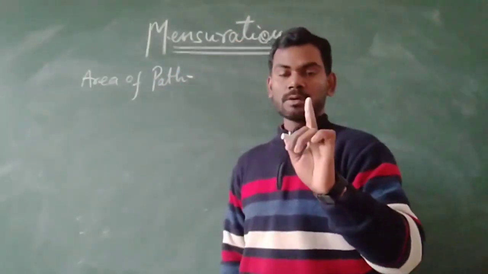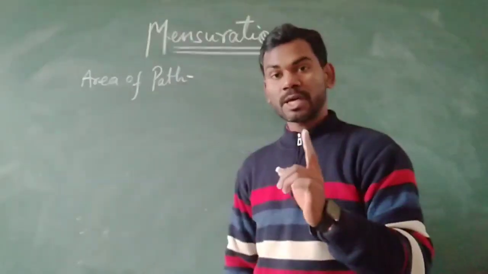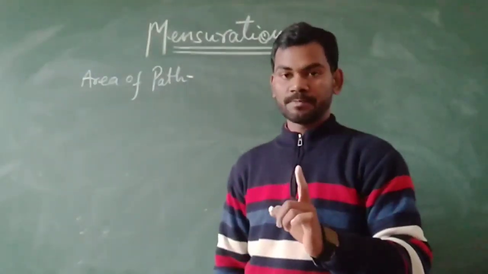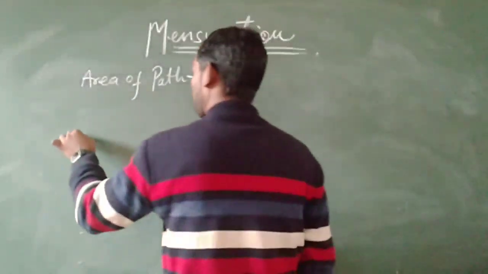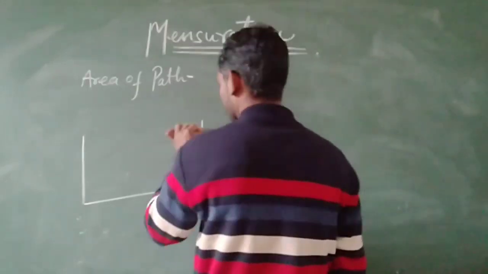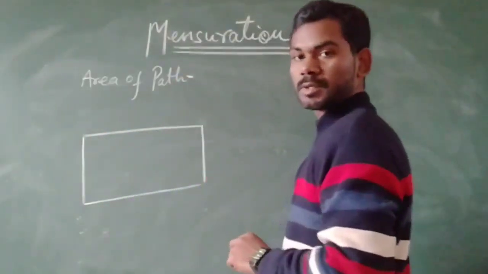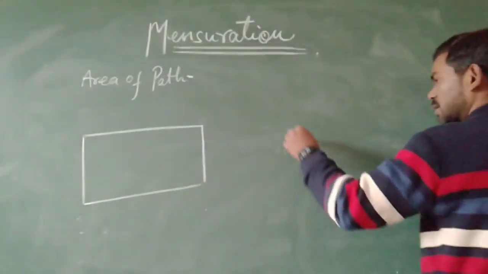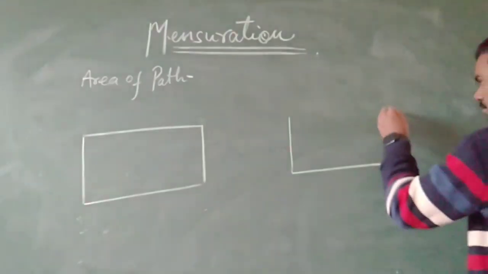In a rectangle, two types of path can be formed. Okay. Now let us see them one by one. Suppose this is a rectangle, and this is another rectangle.